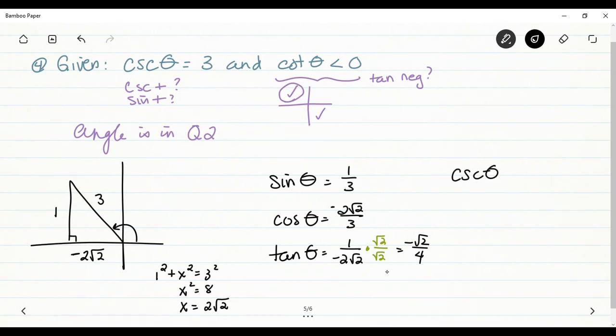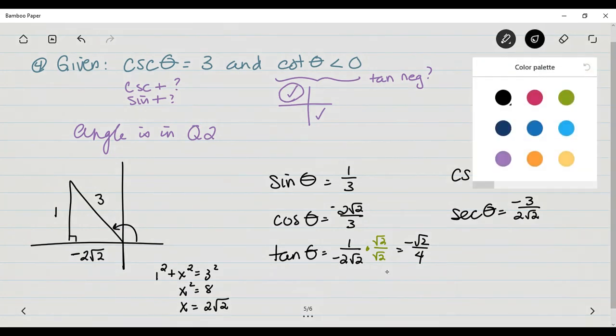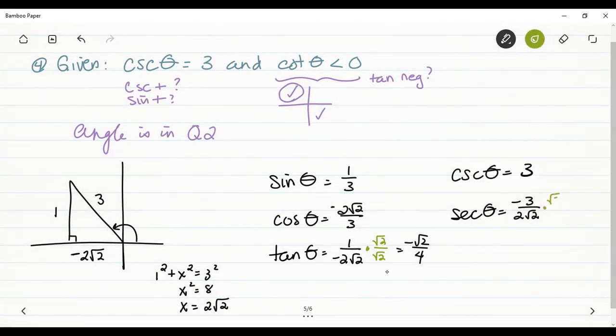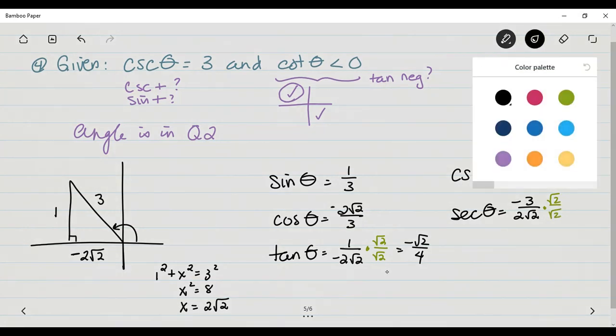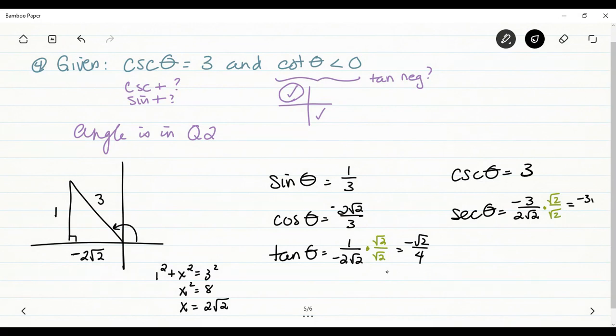Cosecant was given, but I'll write it out again. That's now 3. Secant theta, we're going to flip this. It's going to be negative 3 over 2 radical 2. Rationalize again by multiplying top and bottom by root 2, and you end up with a value of negative 3 root 2 over 4.